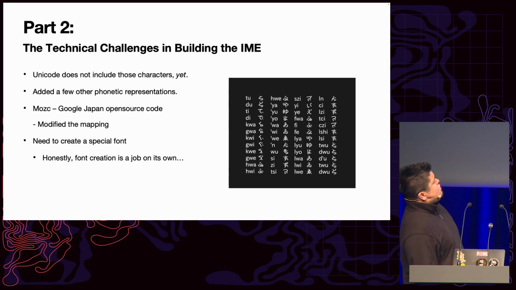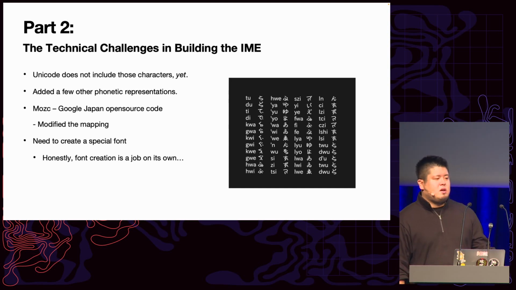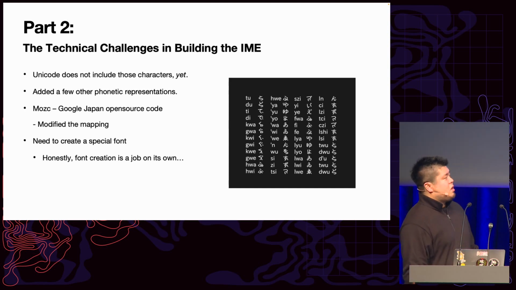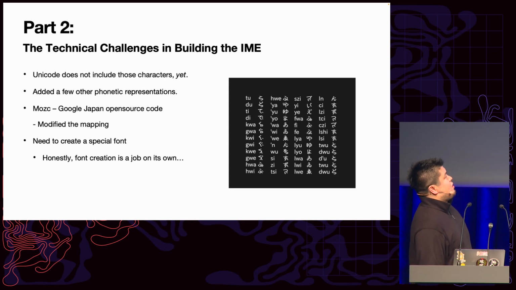So the other problem when you are creating the IME is that computers have to understand those characters. And if computers understand them, you need to have a standardized set of characters that they can refer to. Usually it is Unicode. However, of course, Unicode doesn't necessarily include those characters yet because they are inundated with lots of requests to insert new sets of characters.